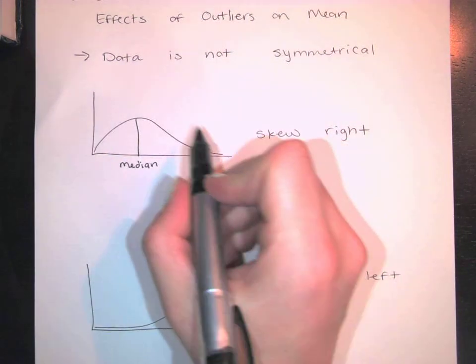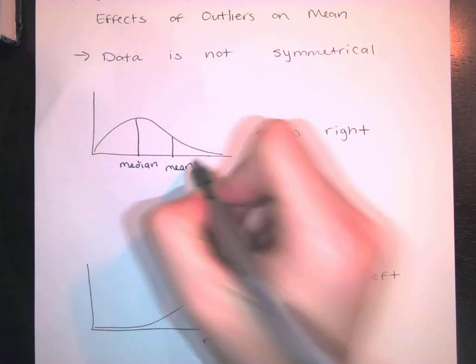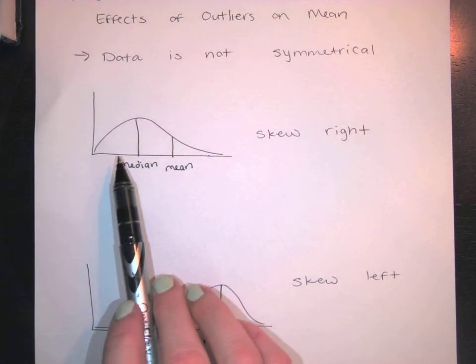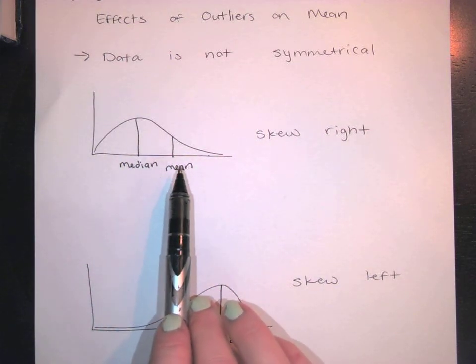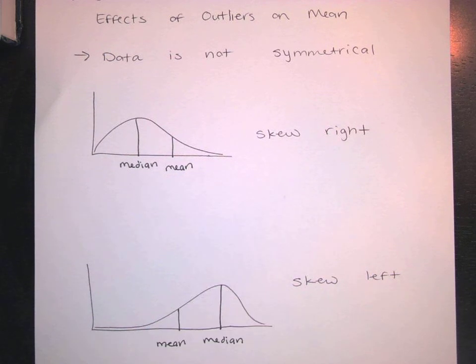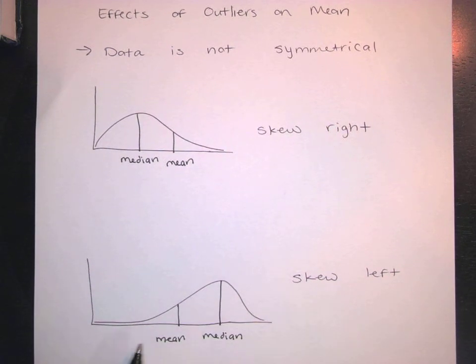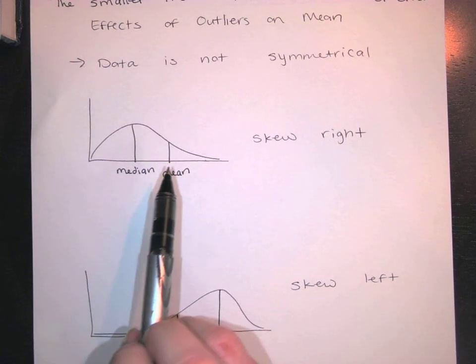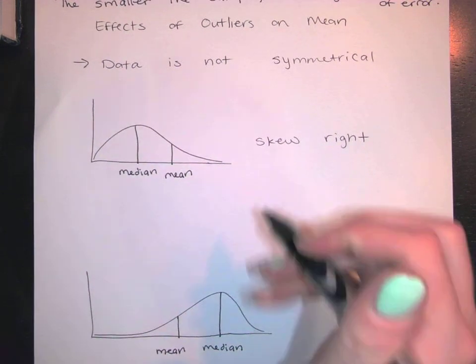But outliers pull the mean away. So if your graph is skew right, your mean is going to be pulled to the right, up towards those outliers. And similarly, if your graph is skew left, the mean is going to be pulled to the left. So one interesting example where things are skew right could be incomes.